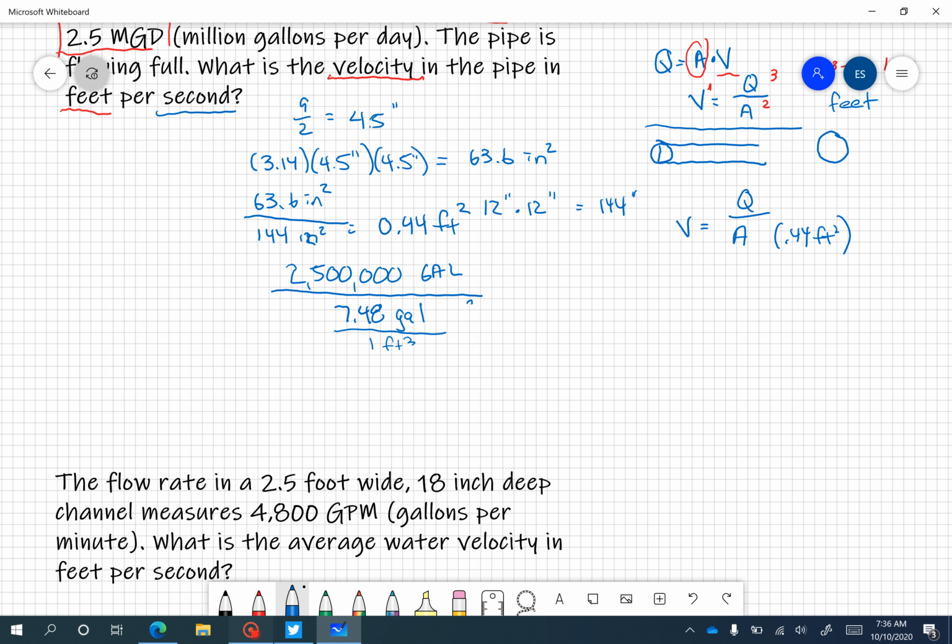Now remember, when I divide by a fraction, I'm going to multiply by the inverse. This is where that comes in handy. I can rewrite this as 2,500,000 gallons times 1 cubic foot over 7.48 gallons.